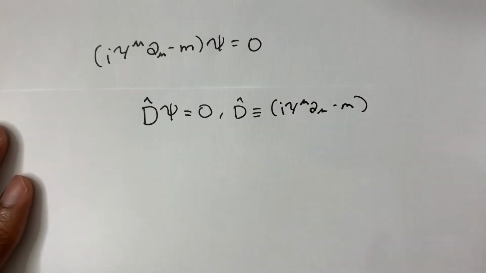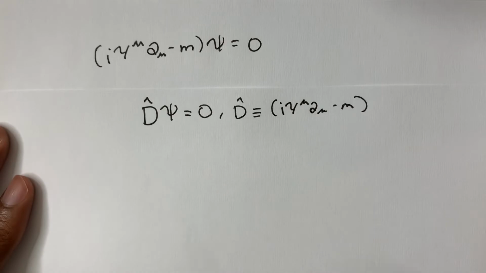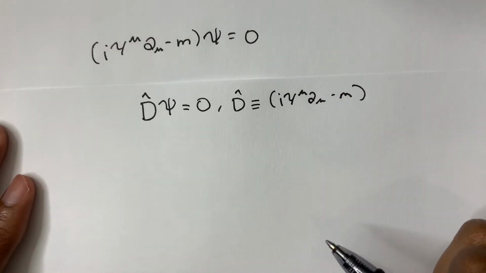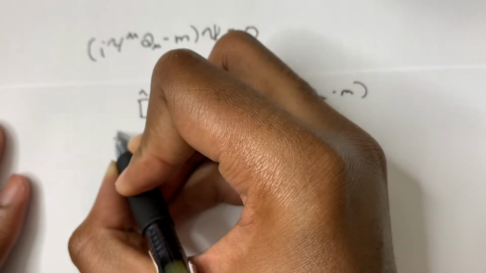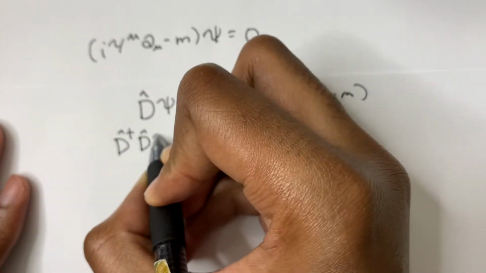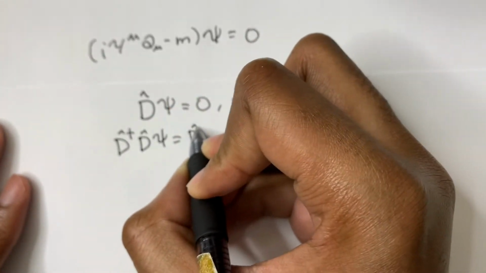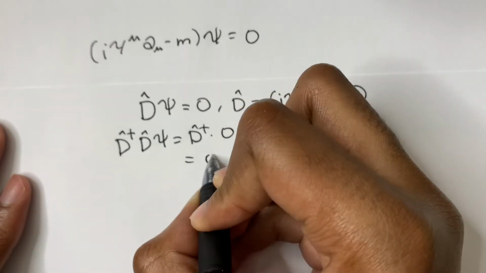So all we're doing is rewriting this entire term as D hat to make our calculation more compact. Okay, so just for fun, let's multiply both sides by the Hermitian conjugate of this Dirac operator. And of course, anything times 0 is 0.